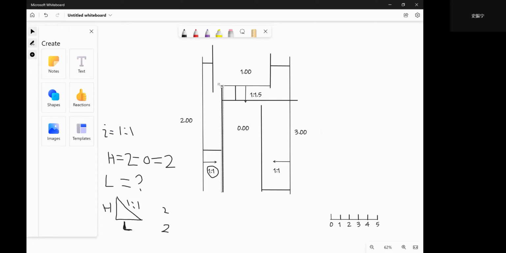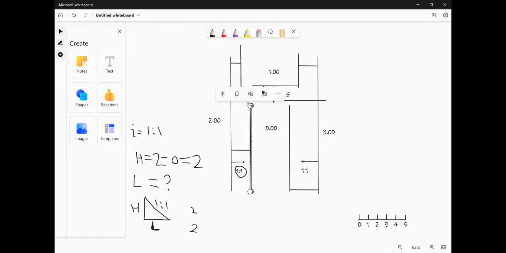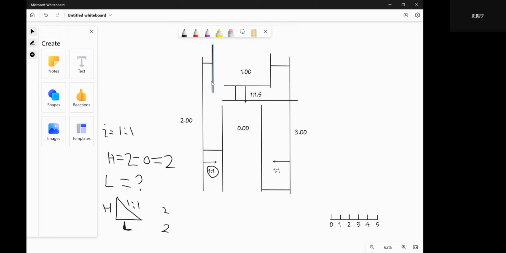So I will minimize it. And then you can prolong this line and this line. Why? Because these three lines are at the same elevation.